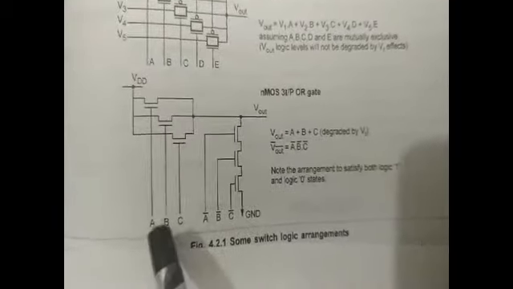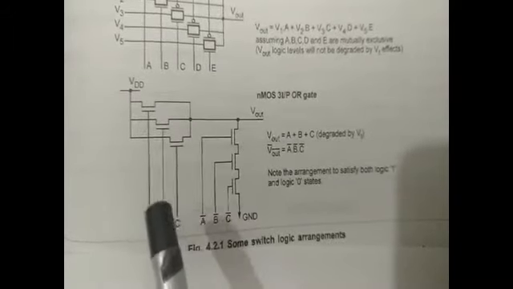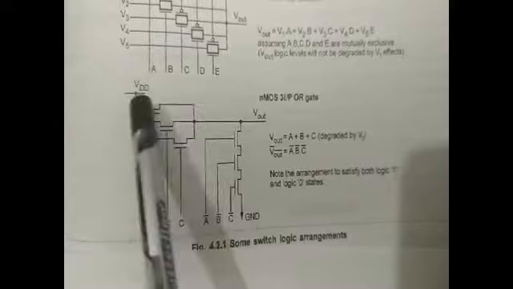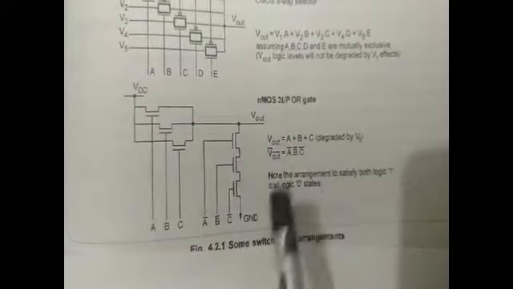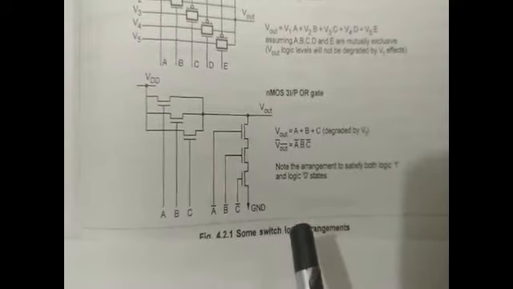That is, V out is equal to A plus B plus C, reduced by the threshold voltage, when A, B, C is equal to 1. If any one of the inputs is 1, obviously V out is high. Next, V out bar is equal to A bar, B bar, C bar, since it is connected in series.